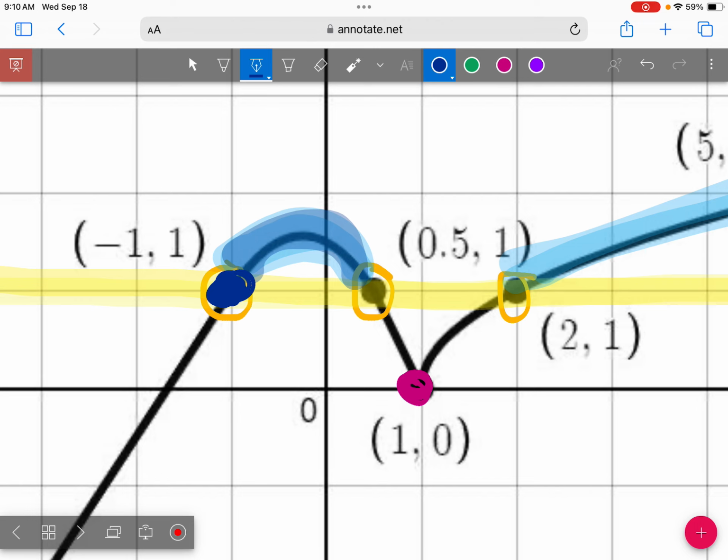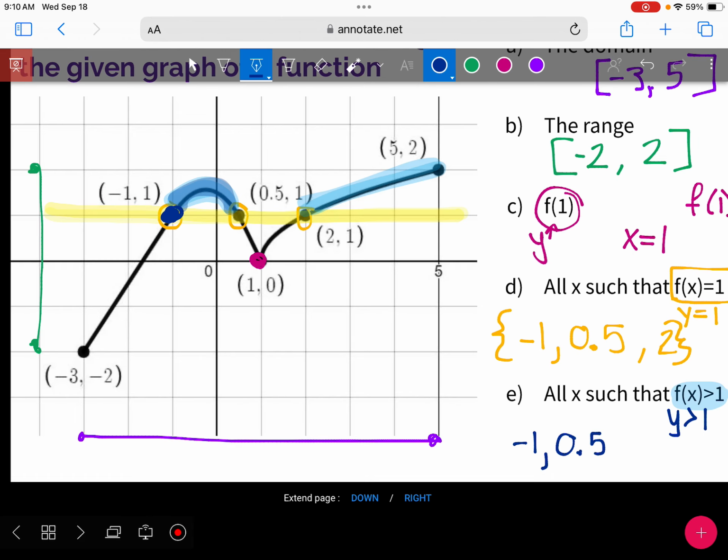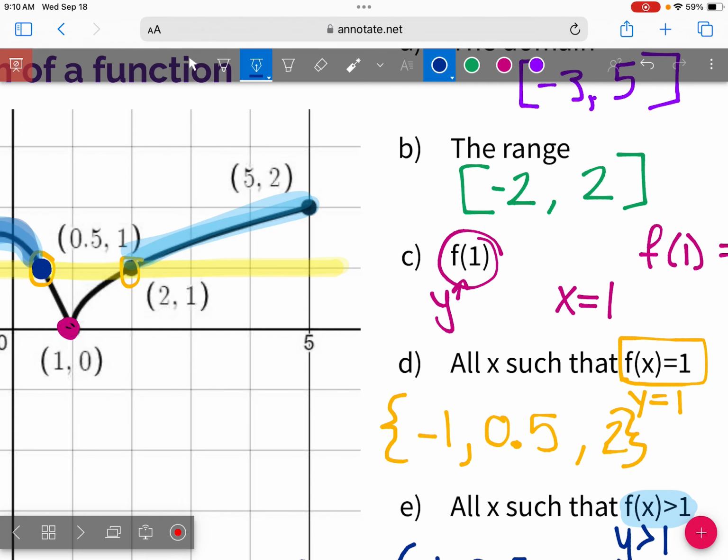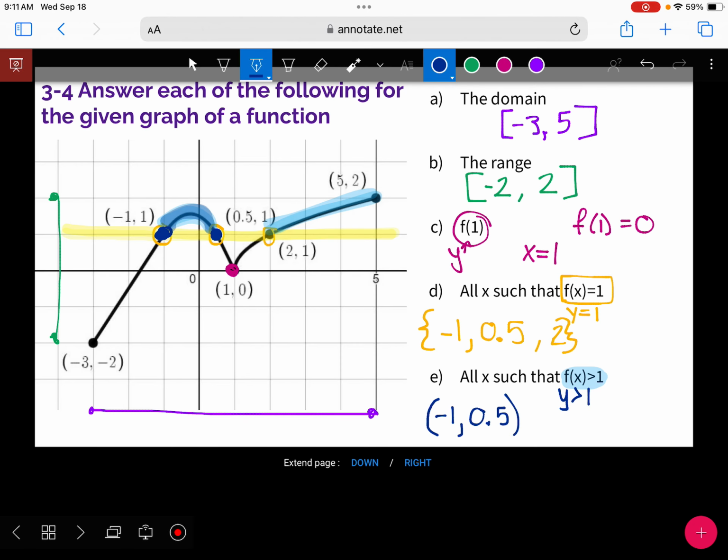So is that included if I say when y is greater than 1? No, it's not included, but I can get real, real close to it. So we're going to put a parenthesis. How about on the 0.5? This is also right when it equals 1, so we can't include that. So that one is also going to get a parenthesis.